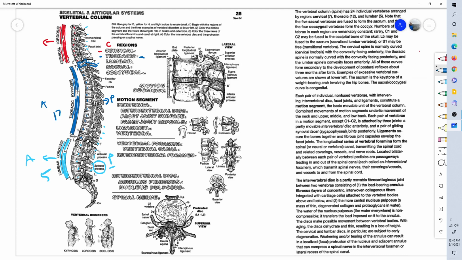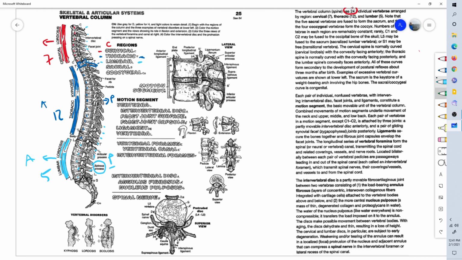You can see that there are 12 thoracic vertebrae. And you can see that there are 7 cervical vertebrae, for a grand total of, you guessed it, 24 individual vertebrae. That is the lumbar region of the vertebral column.